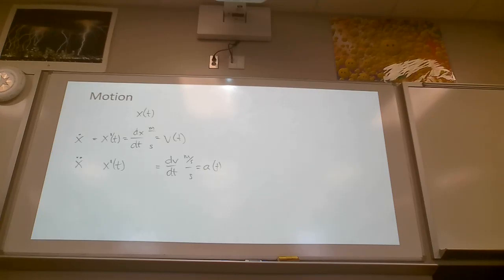Could you also put it as a dot or x double dot? You could. I've never seen it, but I don't think that's breaking any rules. Usually they bring it down to the base. Good question. Everybody go with that?